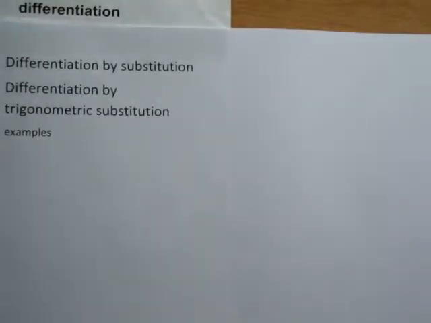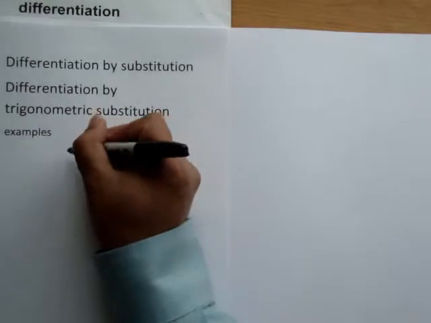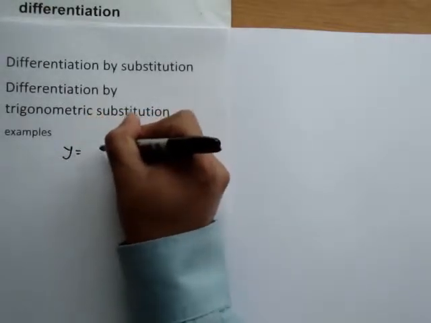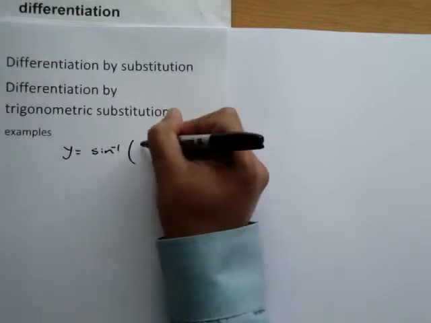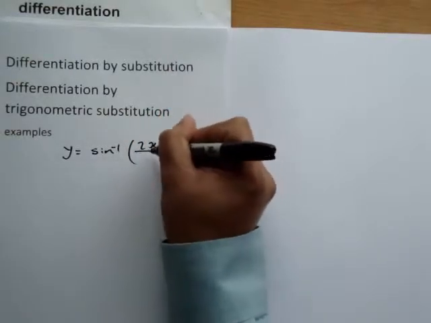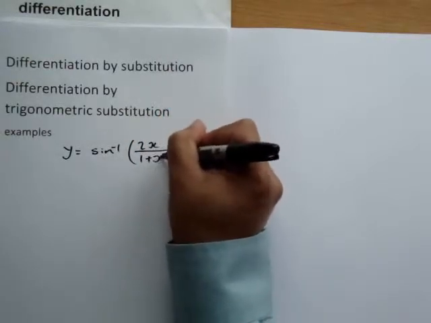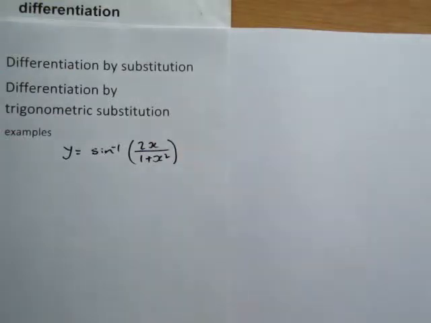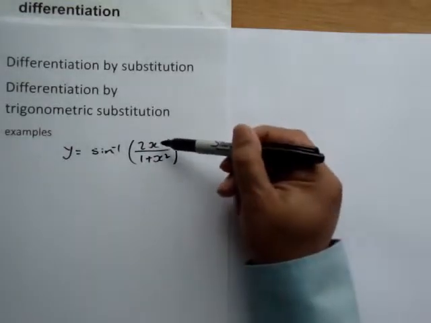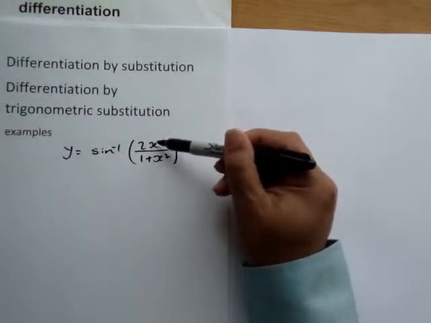Okay, now let's go through some examples where we use differentiation by trigonometric substitution. y equals inverse sine of 2x over 1 plus x squared. The first thing we need to do is decide what this x is going to be.